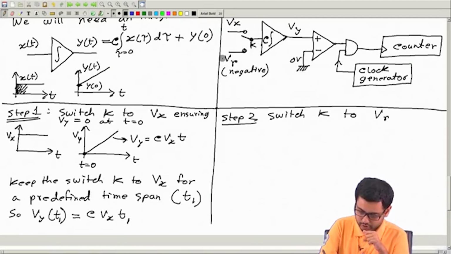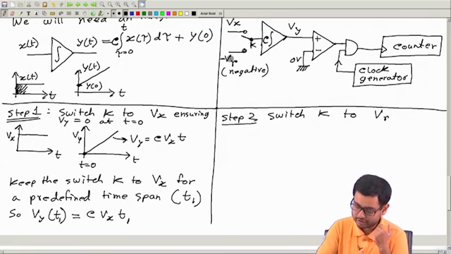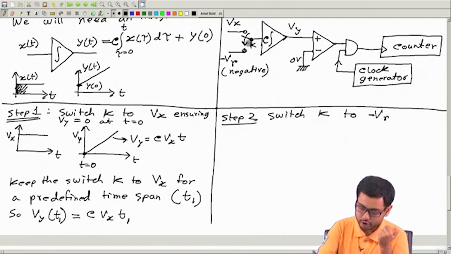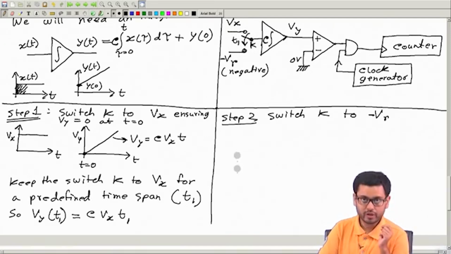So call it minus VR. This is a negative value, like minus 5 volt. So at time T1, bring this switch here.